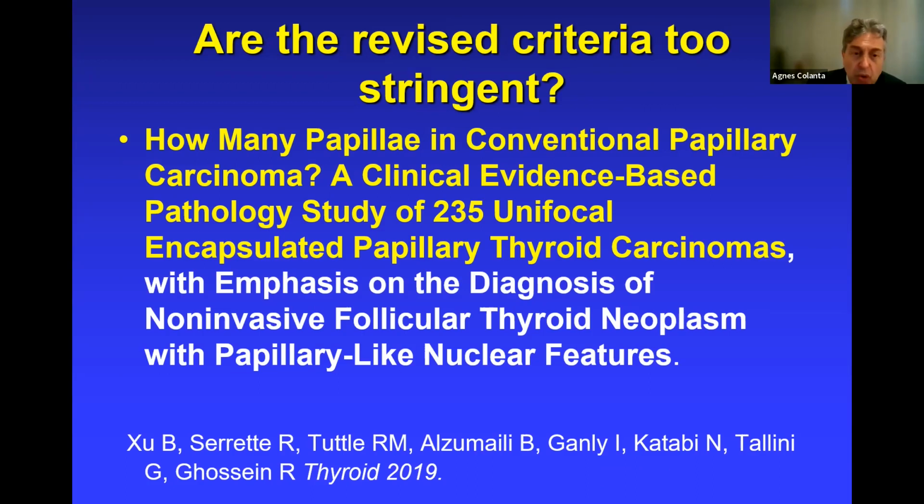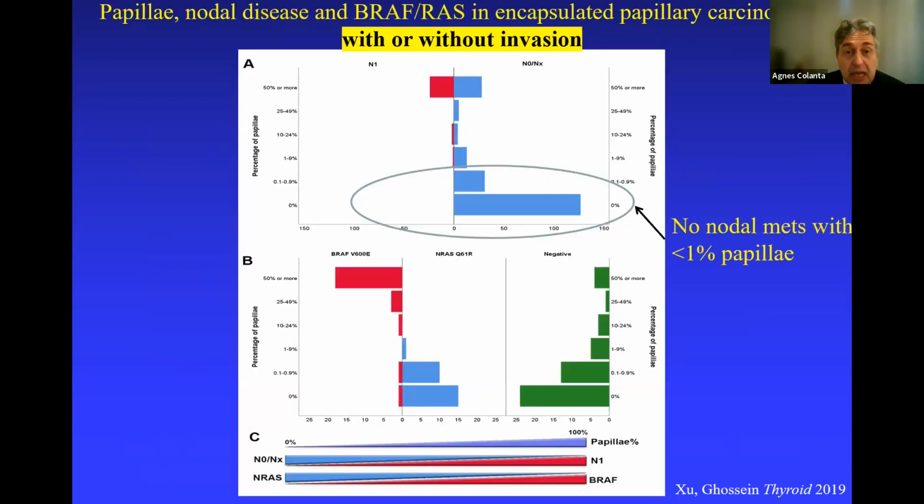I won't show you all the details, but I will show you first that there was a clear relationship between the percentage of papillae and the chances of lymph node metastasis. For example, even in the cases that had invasion, if you have less than 1% papillae, you don't have lymph node metastasis. But of course, if you have 50% or more papillae, you start to have much more lymph node metastasis.